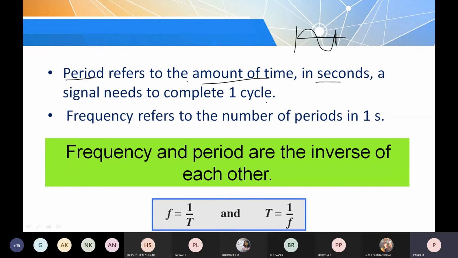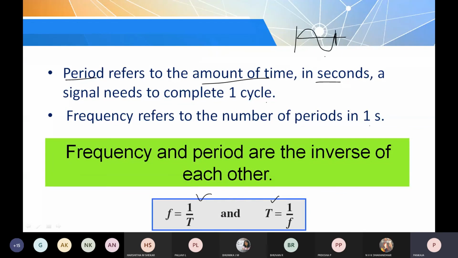Now what is frequency? Frequency refers to the number of periods in 1 second. In 1 second, how many periods occurred, how many cycles occurred? That is called frequency. Frequency can be indicated as 1 by T, or if you want to calculate the period from the frequency, they are inverses of each other: T is equal to 1 by f.